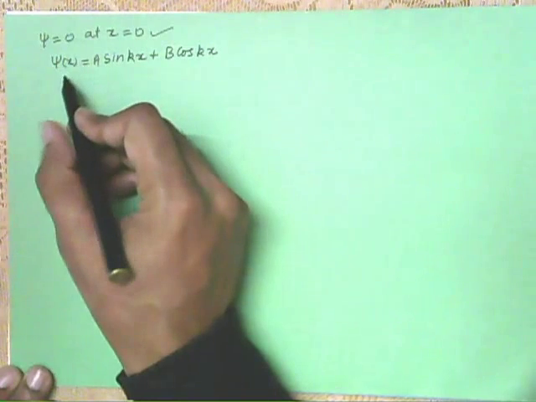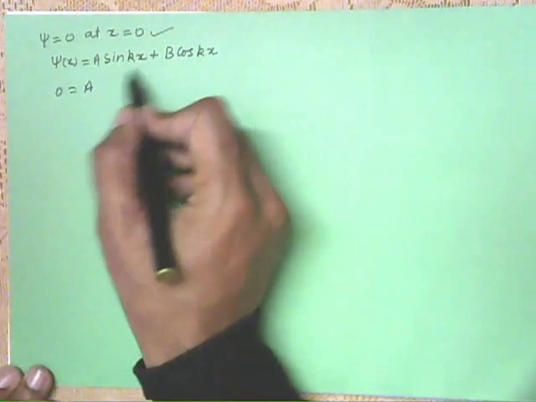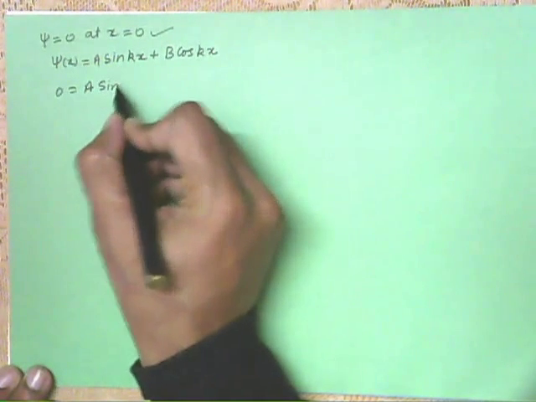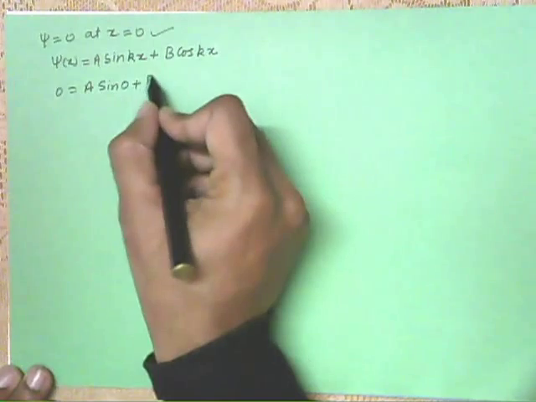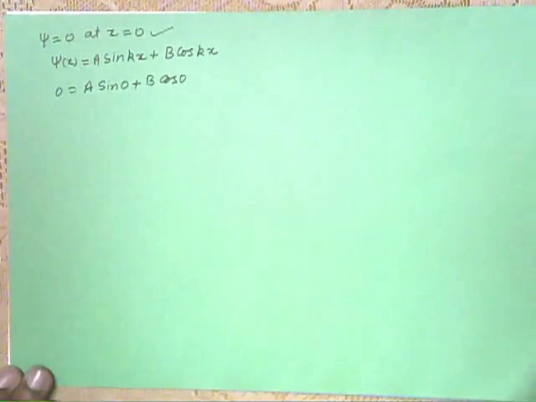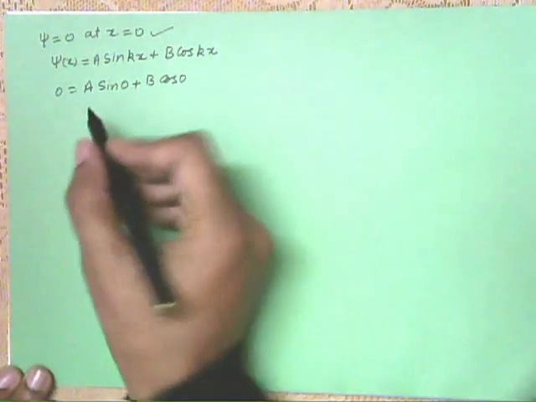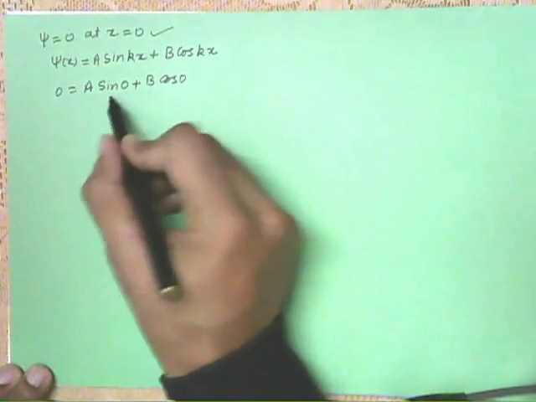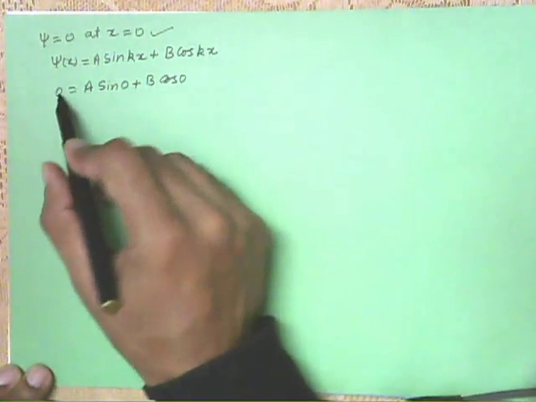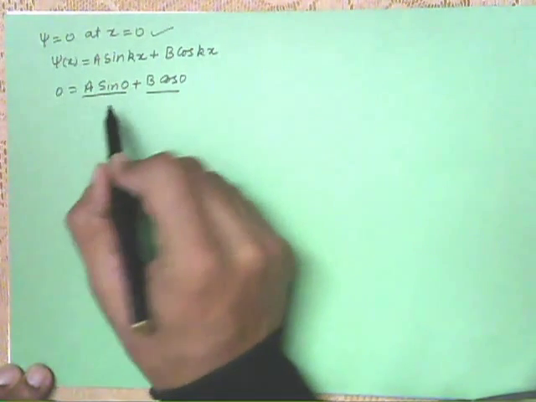So psi at x is equal to 0 is A sin k times 0, because x is 0, plus B cos k times 0. From this equation we can conclude that the sum of these two terms is equal to 0.